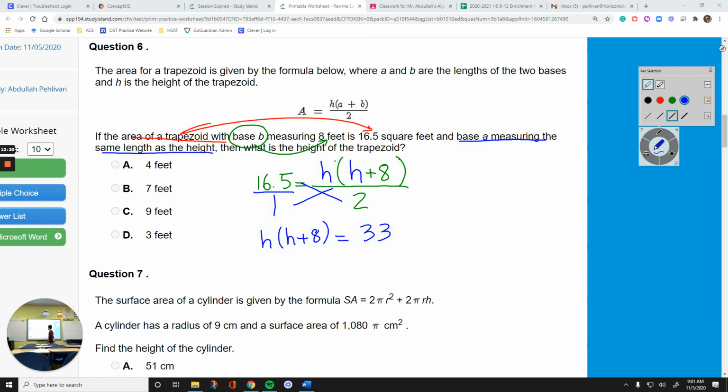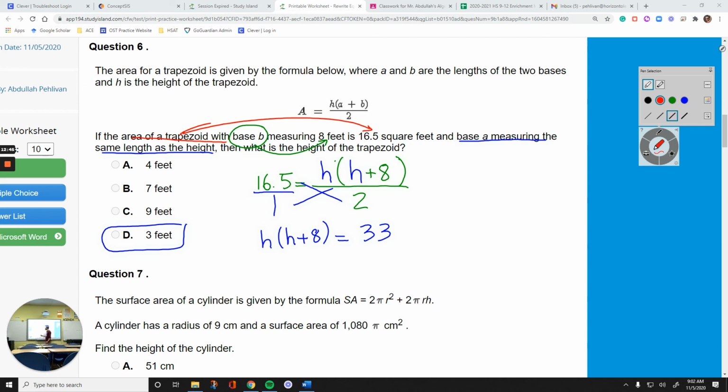I can see that my answer is going to be 3 feet. I just plugged the numbers in. So what I need to do is figure out a number. We haven't learned about quadratics, which is why I don't want to just distribute that H into here to figure out what it is. But what we can do is plug in these numbers for H, like plug in 3.